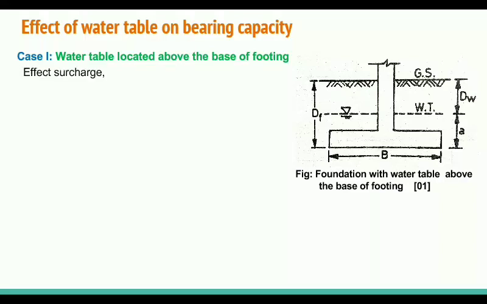Now, the effect on surcharge. We can write Q is equal to dW gamma plus A gamma dash. What is the surcharge? When you are calculating the bearing capacity, it is the pressure that comes at the base of the footing from the soil resting above the base of the footing.